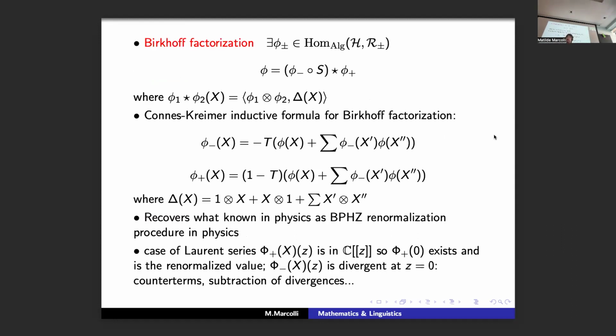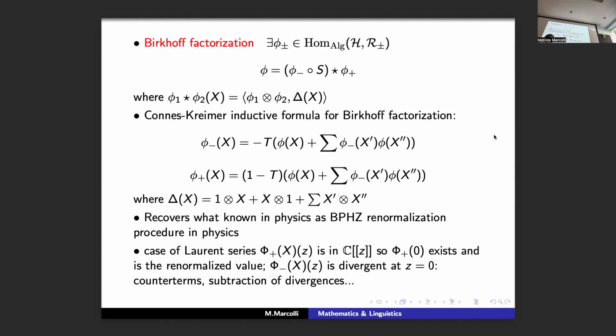Okay, so now is where you actually start to use the fact that you have also the coproduct and you have also this Rota-Baxter structure. Indeed, the coproduct enters exactly because of this observation that this is not a set, but is in fact a group. So you can take two of these characters and multiply them together. What it means to multiply them is what I've already discussed before: you take the coproduct of what you apply them to, and then you apply the first one to the left side of the coproduct and the second one to the right side.